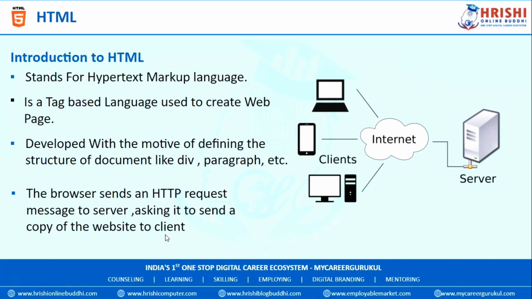Now, when we have to display our website to the client, what do the server and HTTP protocol do? HTTP is a protocol, that is, protocol means any rules and regulations. It sends a message to us, that is the server side, to display our files, our web pages to the client.